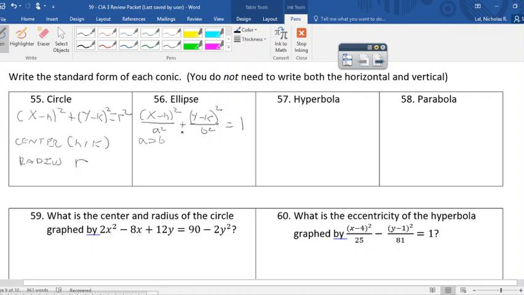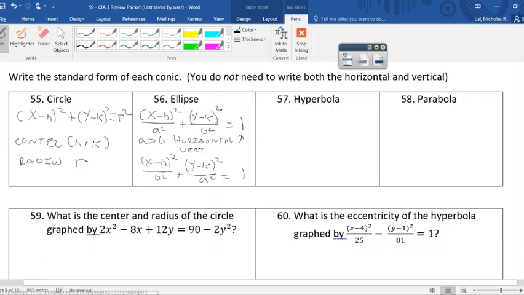I'll do both, so you don't have to do both, but I'll do both. This is a horizontal ellipse. If it's vertical, you will have (x minus h) squared over b squared plus (y minus k) squared over a squared is equal to 1. So that would be vertical.